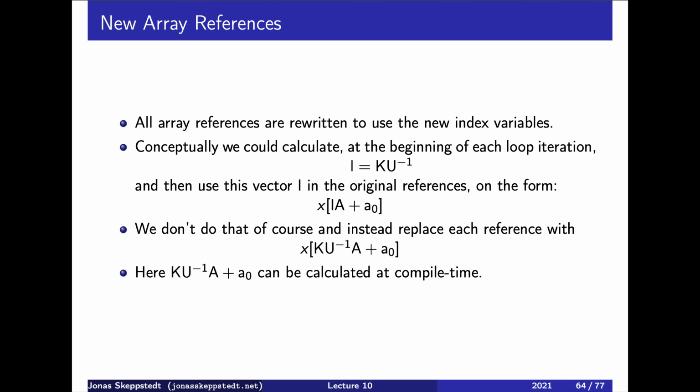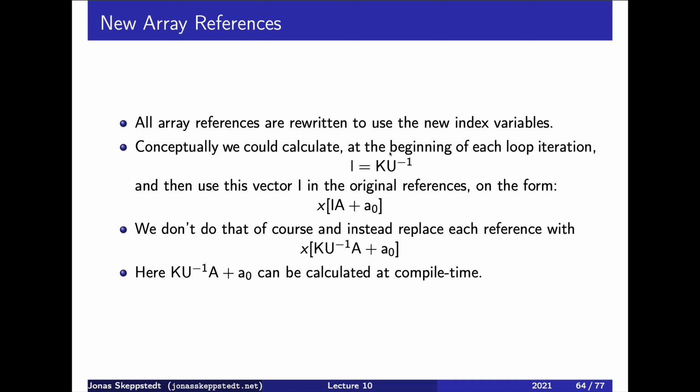Now we have not yet said how we will find this U, or rather the inverse of that, that will make our transformation useful. But we will see that soon. When we have found it, we need to modify the source code, so to speak, to use the k variables instead.